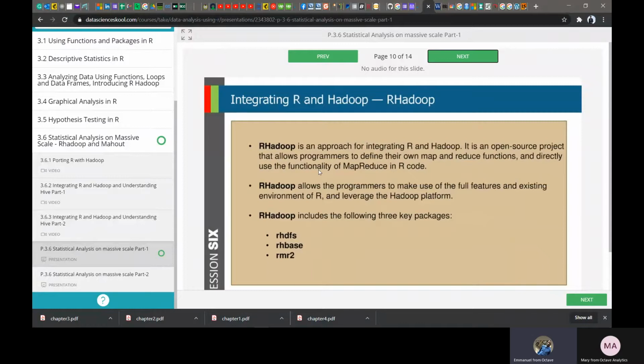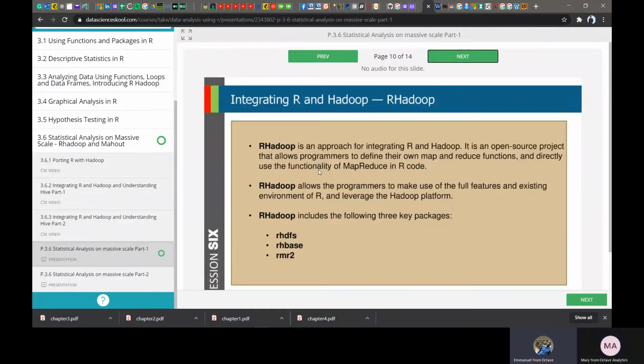Now, integrating R and Hadoop. RHadoop is an approach for integrating R and Hadoop. It's an open source project that allows programmers to define their own map and reduce functions and directly use the functionality of MapReduce in R code.